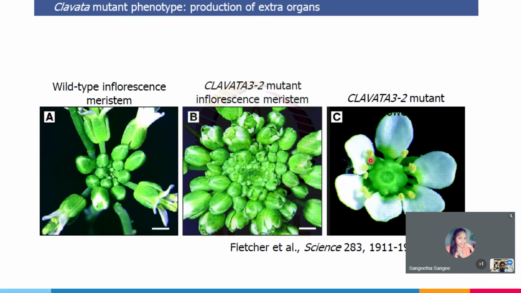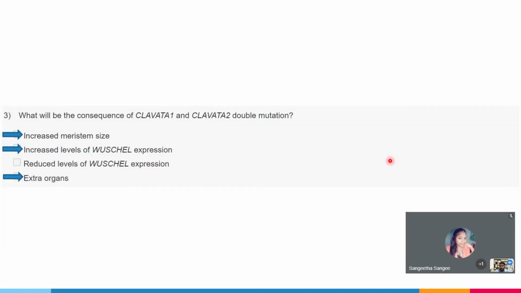And this shows that the clavata mutation increases the number of organs in the final clavata mutant plant. Thus, the correct option for the consequence of clavata 1 and 2 mutation is: it will increase meristem size and produce extra organs.